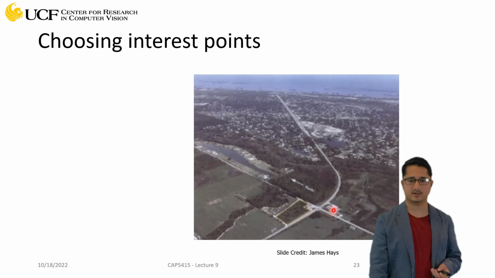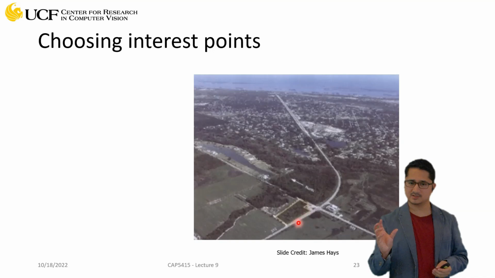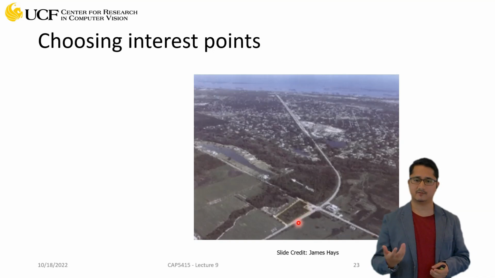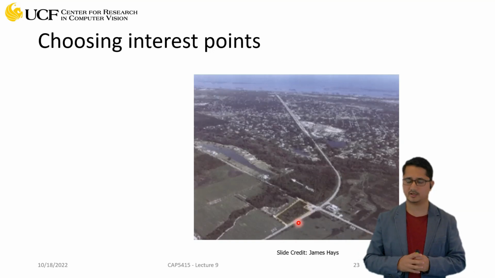And both you and your friend are familiar with this location, and you want to meet your friend. Then you will say, at this particular time, let's meet at some location. That location could be maybe the corner of the bridge, or maybe close to some tree which you both recognize. So it will be some interesting point, right, which you can easily identify in that location or in that spot. It could be some shop there, some building.